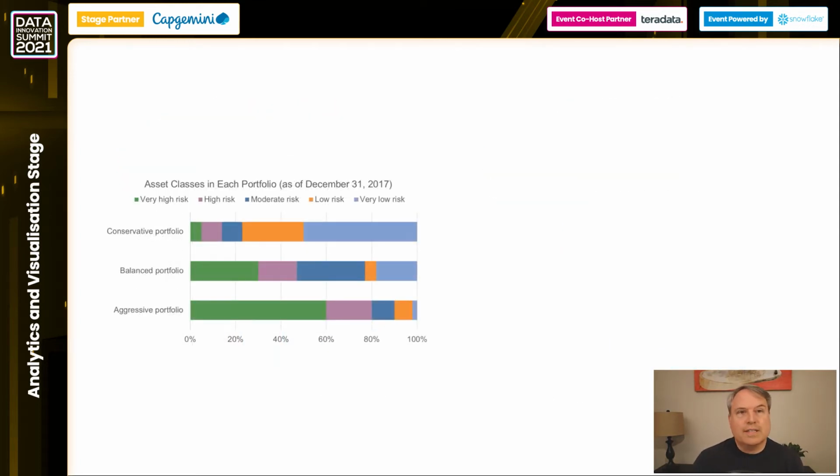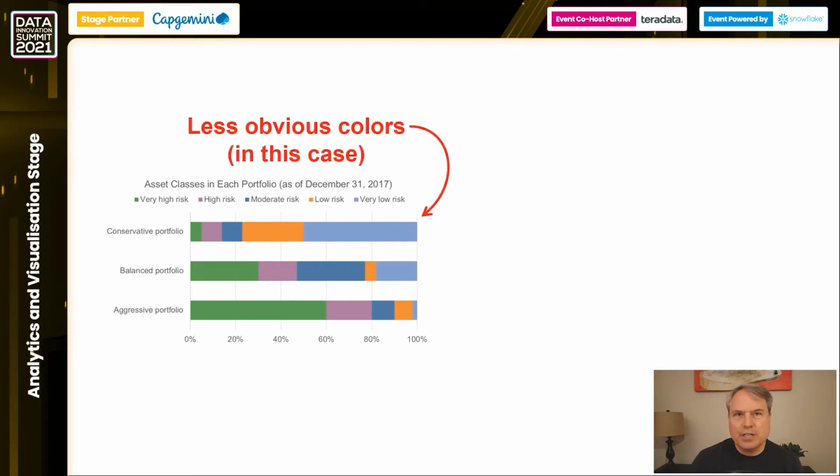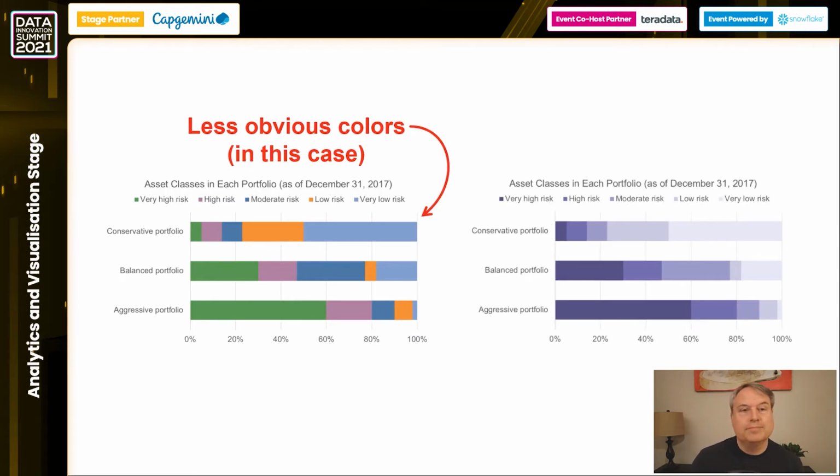Or something like this. Well, in this stacked bar chart here, certainly based on these colors, it's not really obvious what am I supposed to get from this? I'm going to have to study it a bit. But just by using a different color palette, even before I've read any of this text, I can see the story here is that this has a lot more of something.